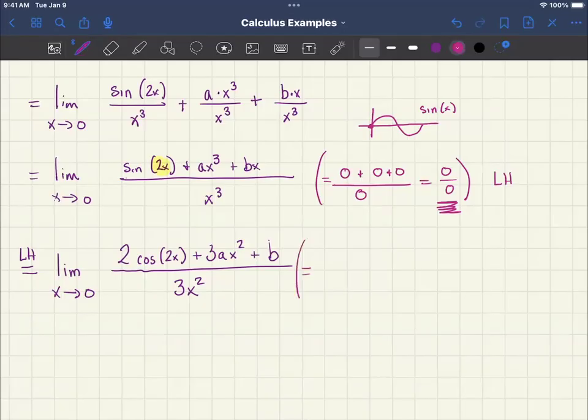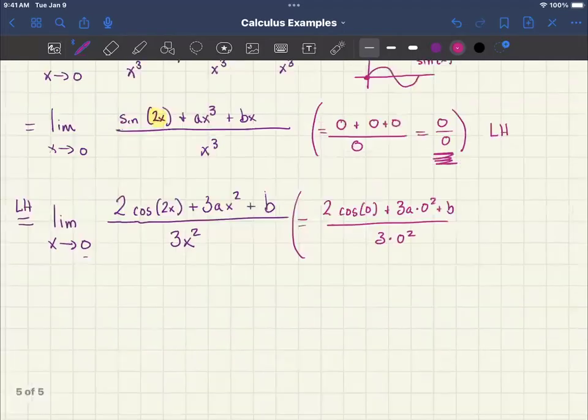At every step when you do L'Hopital's rule, you want to plug in your limit and see what happens when x goes to that value, just to check and see if you can stop applying L'Hopital's rule, or maybe you can't anymore. Sometimes you can't. So this is going to be 2 times cosine of 0 plus 3a times 0 squared plus b all over 3 times 0 squared.